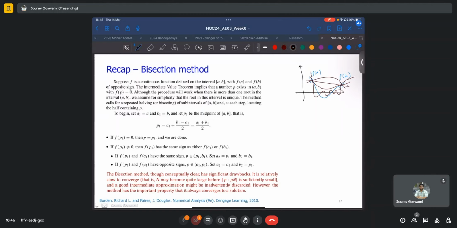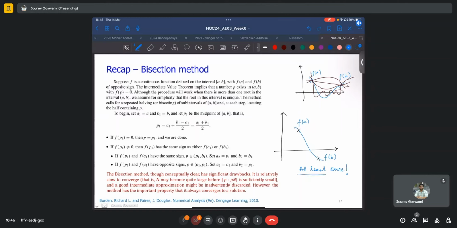But if we are given a situation where we have an interval where the function takes on different signs, then we can be pretty sure that the plot of the function did cross the x-axis at least once.